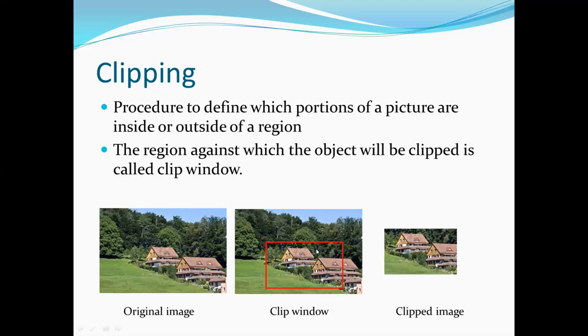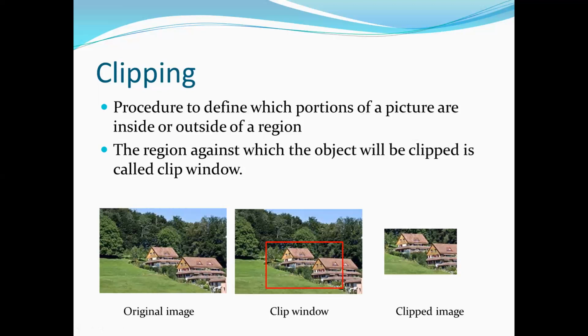There is a rectangular area marked in red which we want to view, and we want to discard the rest of the image. After discarding, our clipped image will look like this. This is the main objective of clipping.